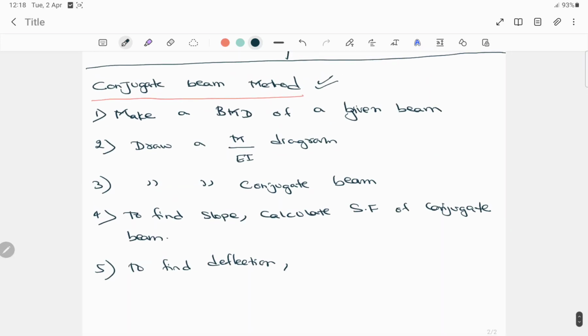And to find the deflection, we have to calculate the bending moment of the conjugate beam. So these are the 5 steps which we have to follow during the conjugate beam method.